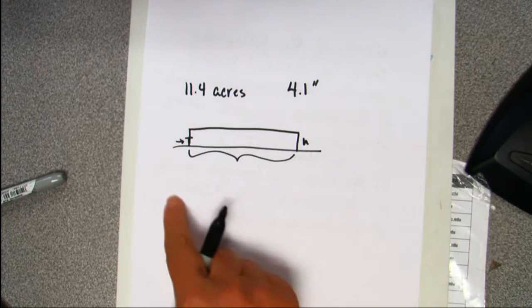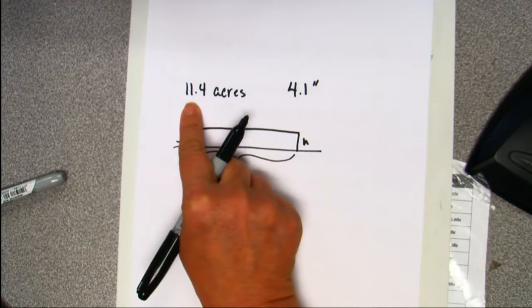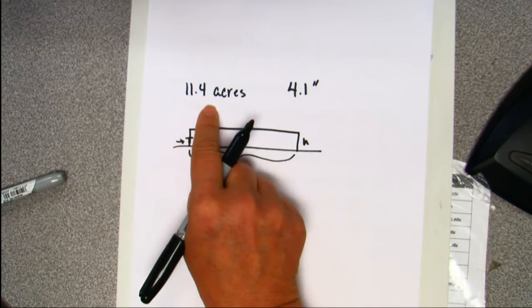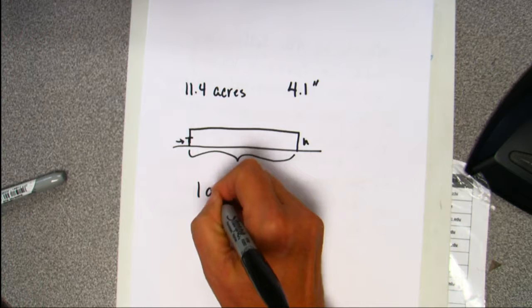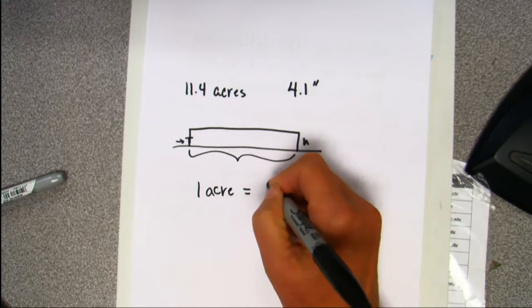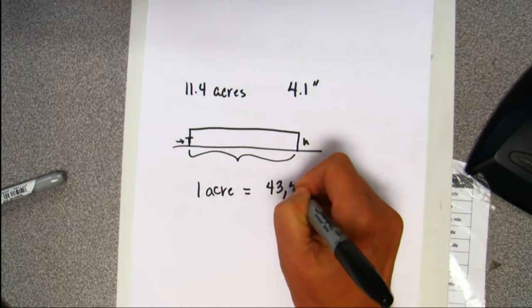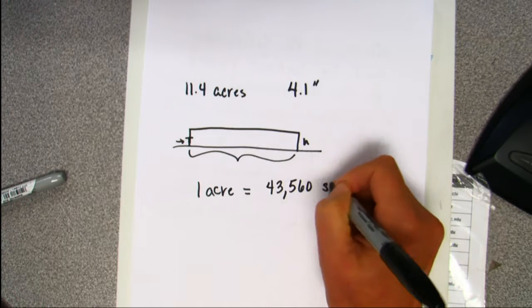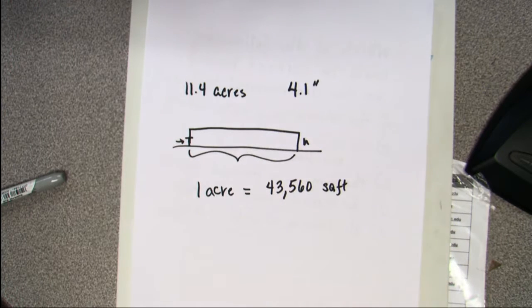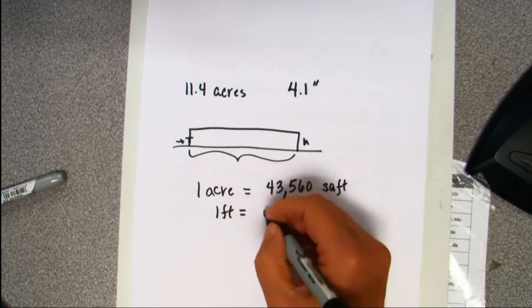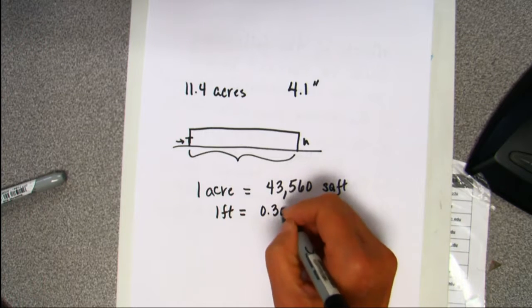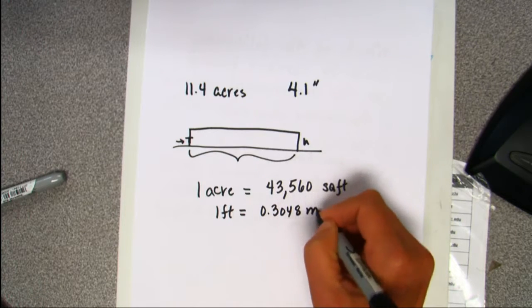So if I start out with acres, I have 11.4 acres. This is one of those weird conversion factors that you may have to look up. 1 acre is 43,560 square feet. And 1 foot is equal to 0.3048 meters.